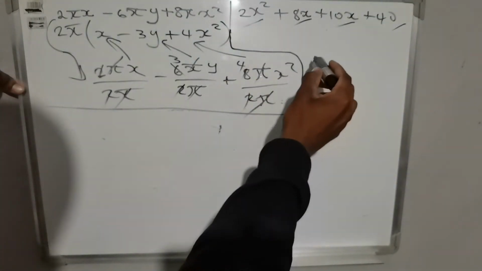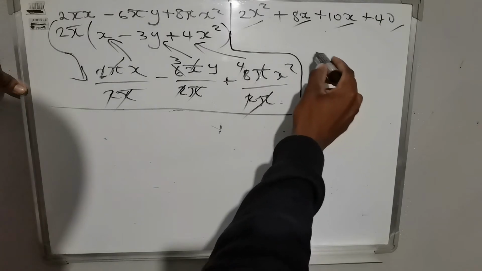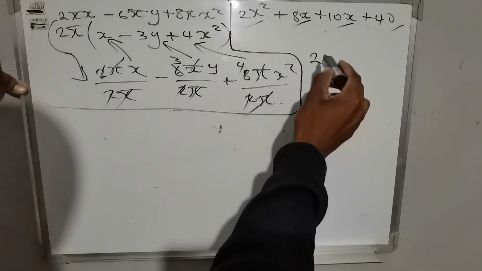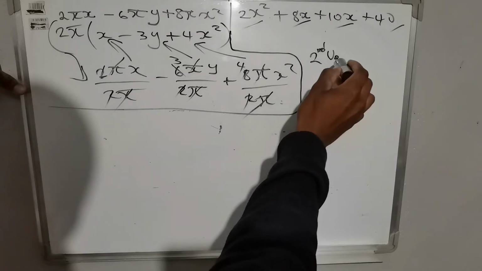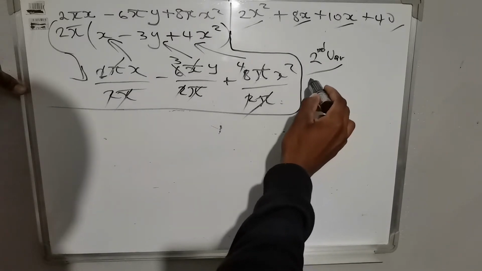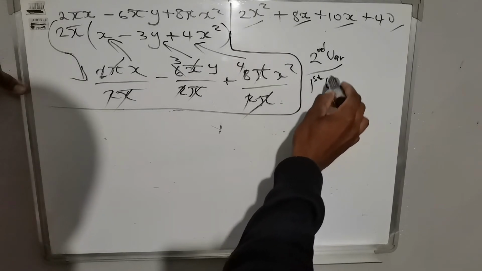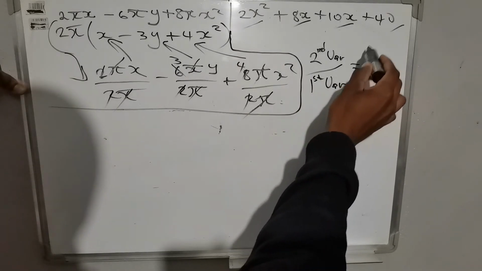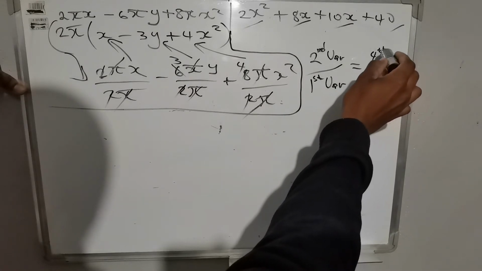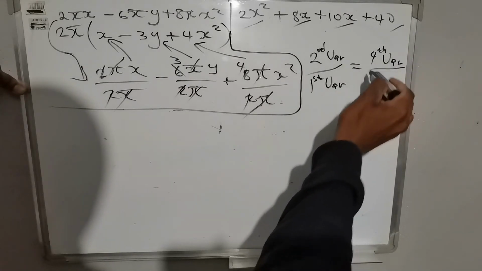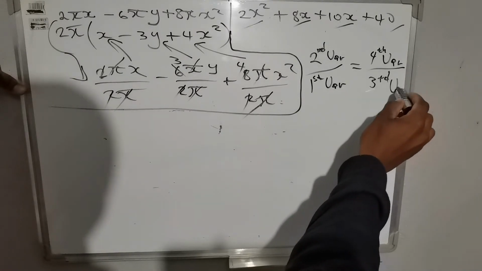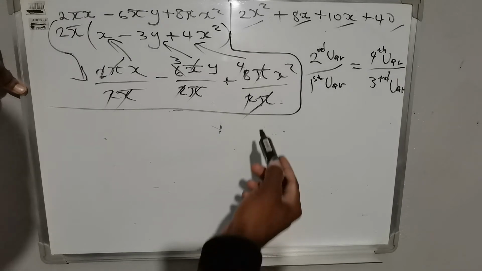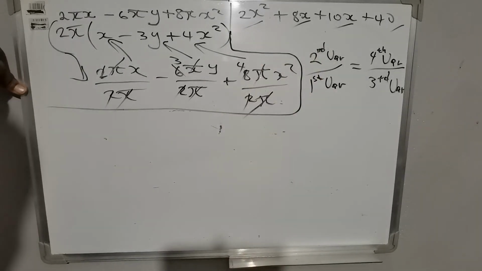Nayi method engifuna uyibamba. Wabamba le uphasile. Kwi-grouping, you must take the second variable, divide it by the first variable. It must be equal to the fourth variable divided by the third variable. So let's take it and see what we'll get.